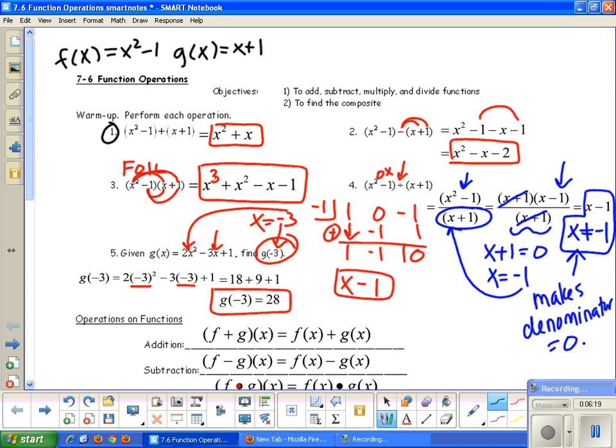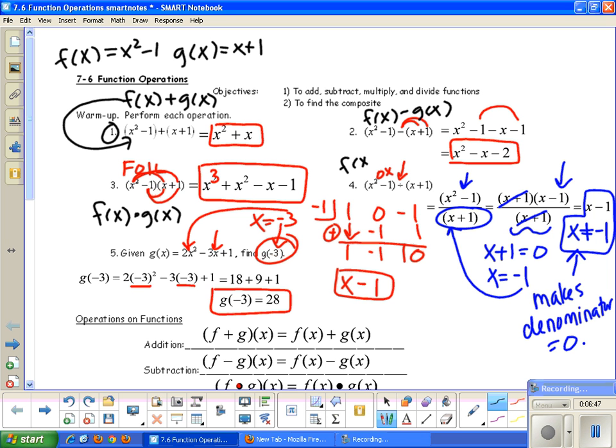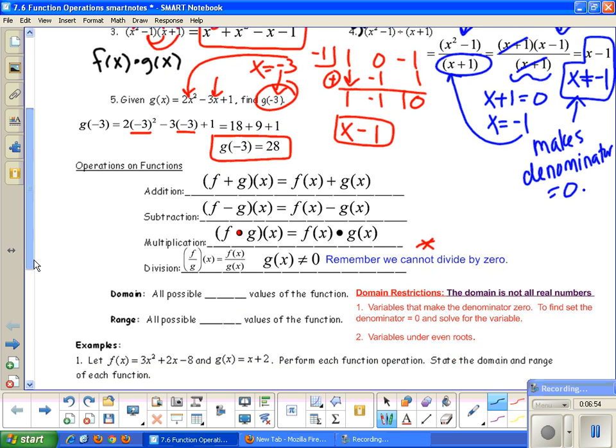So for number 1 here, instead of just writing x squared minus 1 plus x plus 1, they would have written f of x plus g of x, and then you would have written this down and simplified it. This one over here would have been f of x minus g of x. This one would be f of x times g of x. And this one here is f of x divided by g of x. And remember, g of x can't be equal to 0. So that's what we are doing for our function operations.